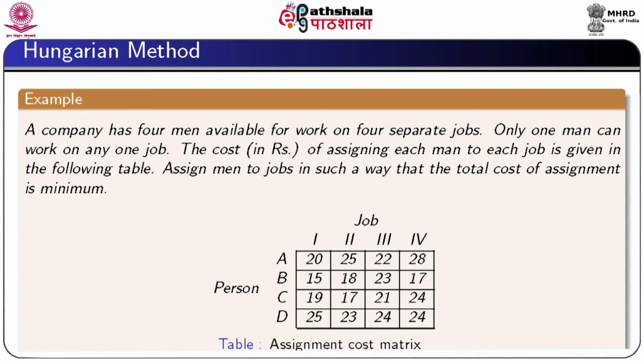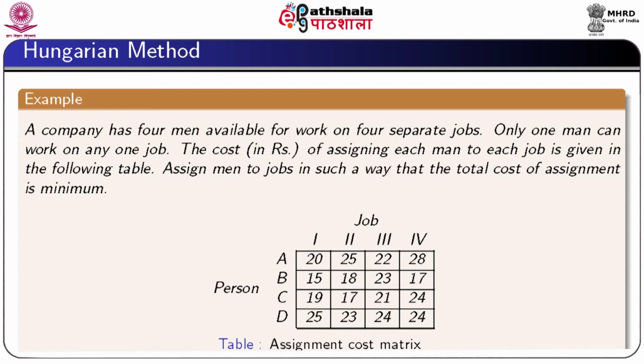Only one man can work on any one job. The cost of assigning each man to each job is given in the following table. Now, our objective is to assign men to jobs in such a way that the total cost of assignment would be minimum.